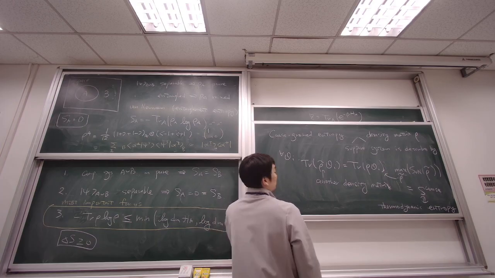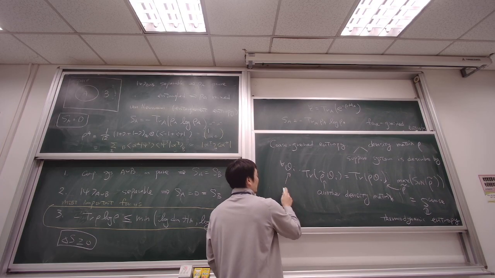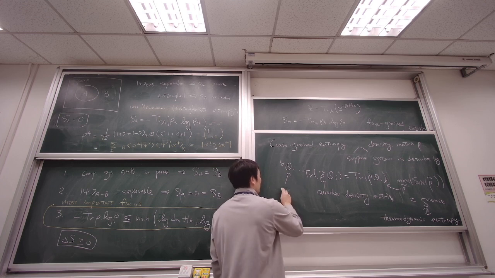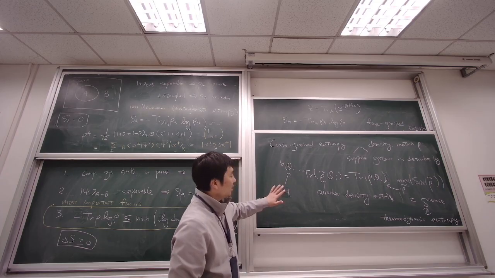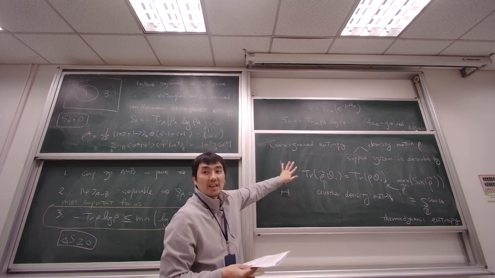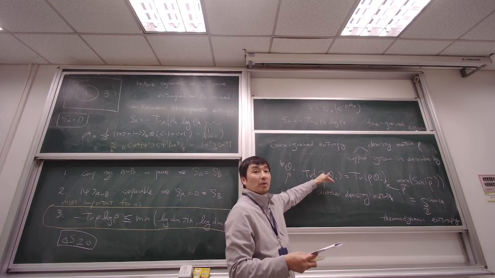Because in thermodynamics, the O_i are very few, like the energy or the momentum and so on. We only consider the Hamiltonian or the momentum. So the number of O_i is very small, therefore the possibilities for rho tilde are very, very large.